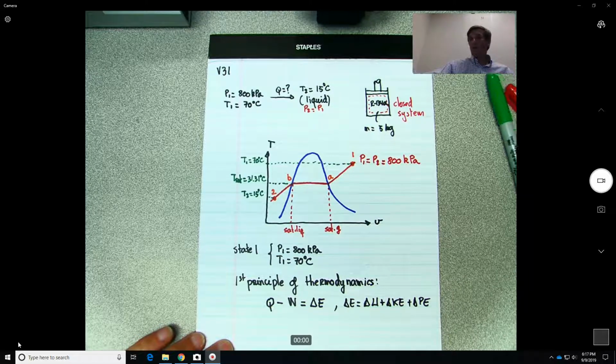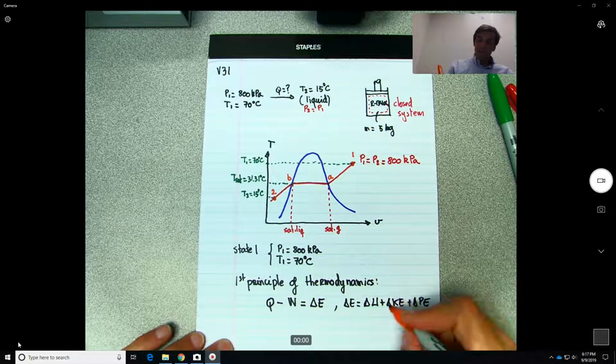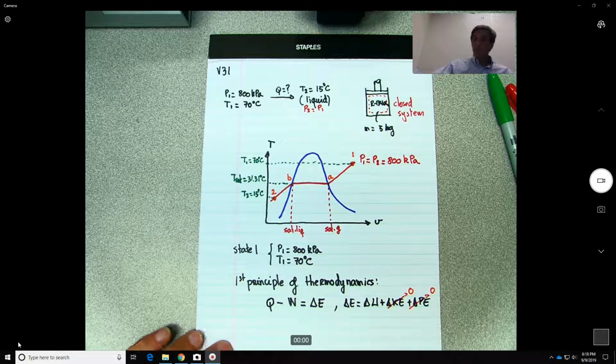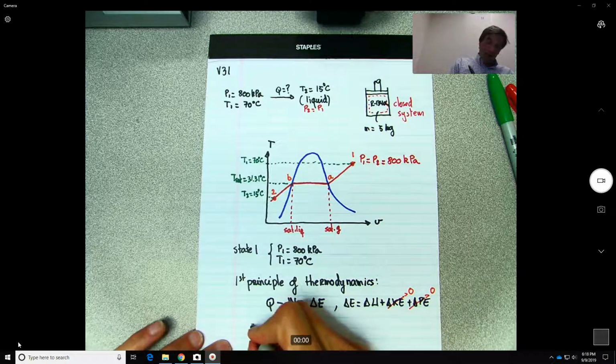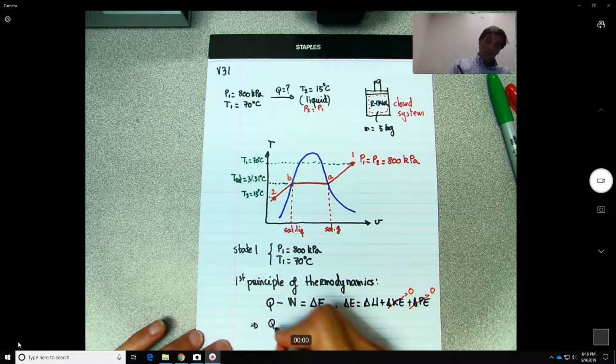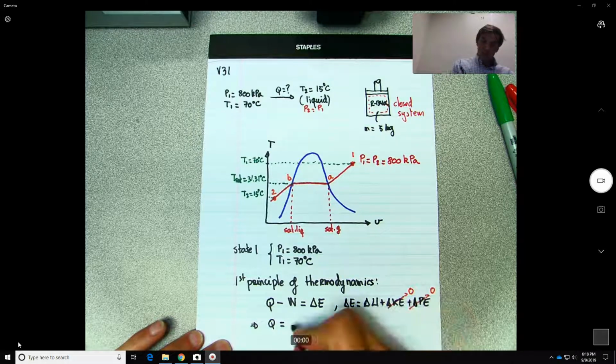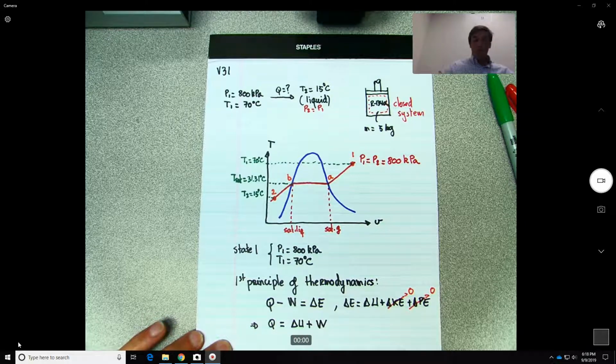In this problem, like in almost every single problem, we can neglect the potential and the kinetic energy, so that the heat will be equal to the change in internal energy plus the work.